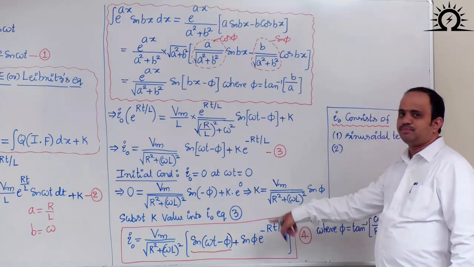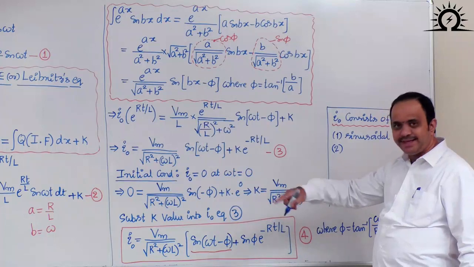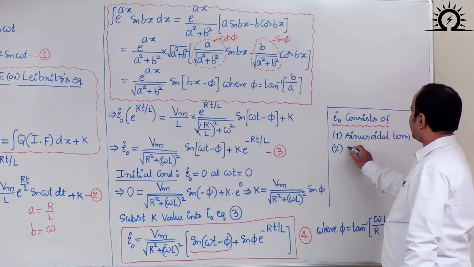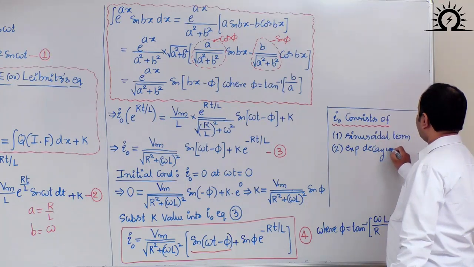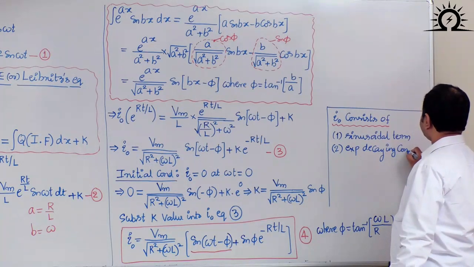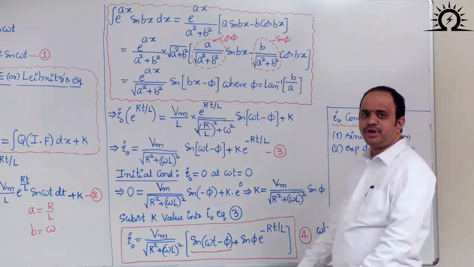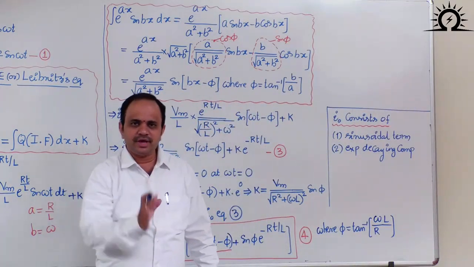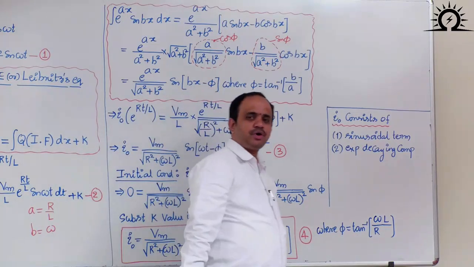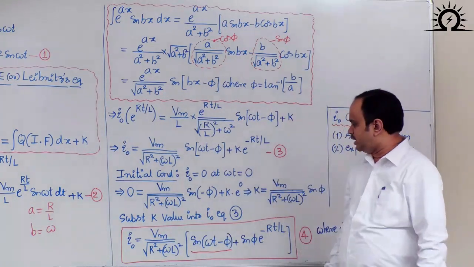Exponentially decaying component, e power minus t into some number. So we can write it like this, exponentially decaying component. Therefore, before going to the waveform, what is the point you should have in your mind?